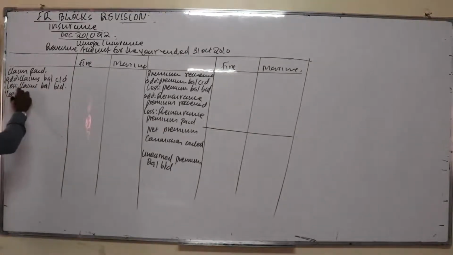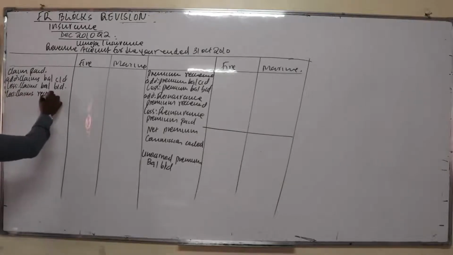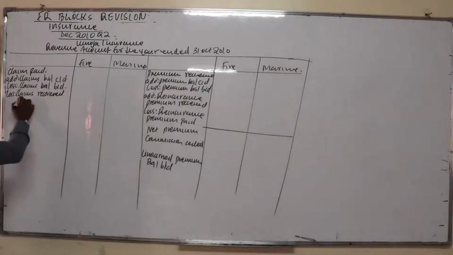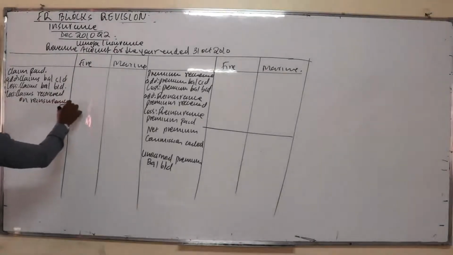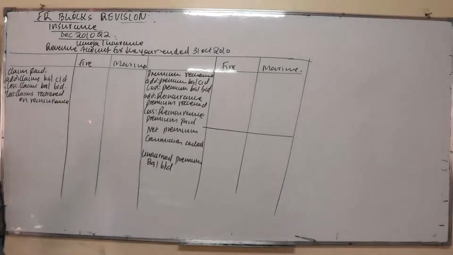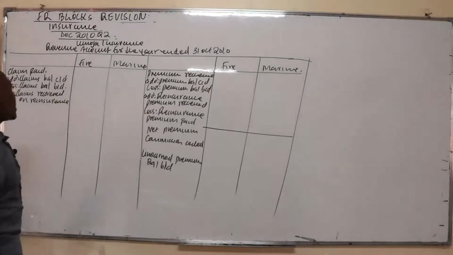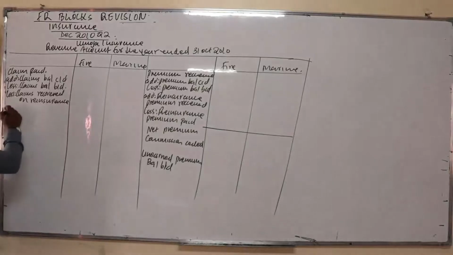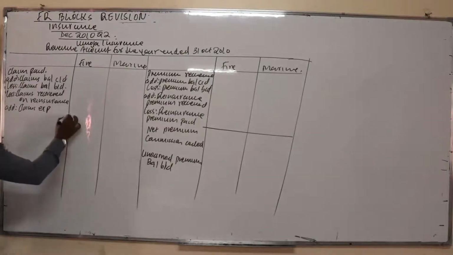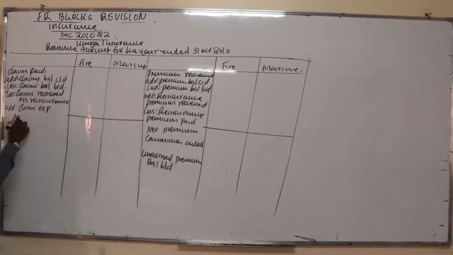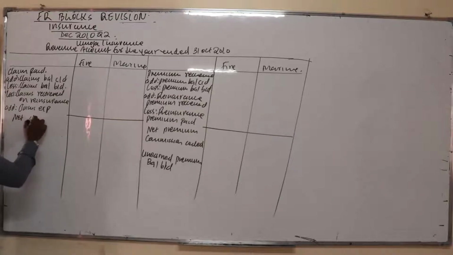Also, you deduct claims recovered on reinsurance. Those are the claims you are supposed to pay, but the other insurance company helped you in paying that. And then you add any claim expense, such as legal expenses or the survey expenses. And that's how you get your net claims.